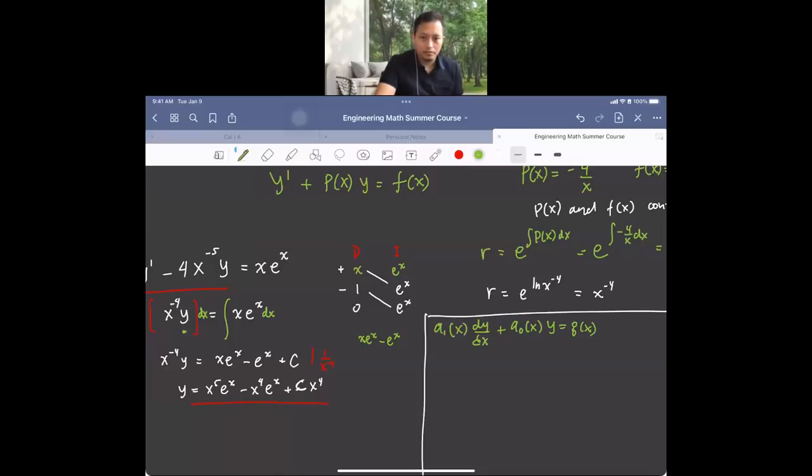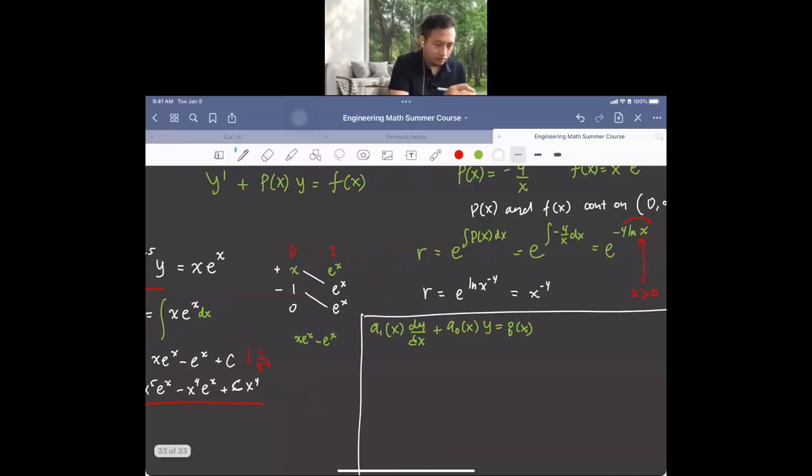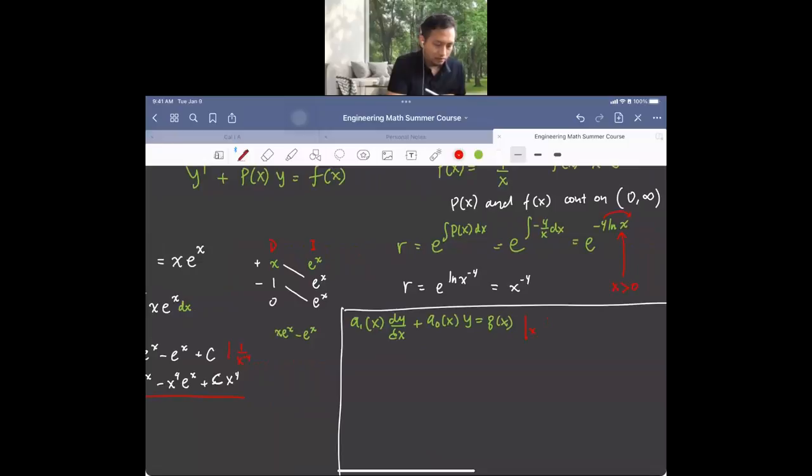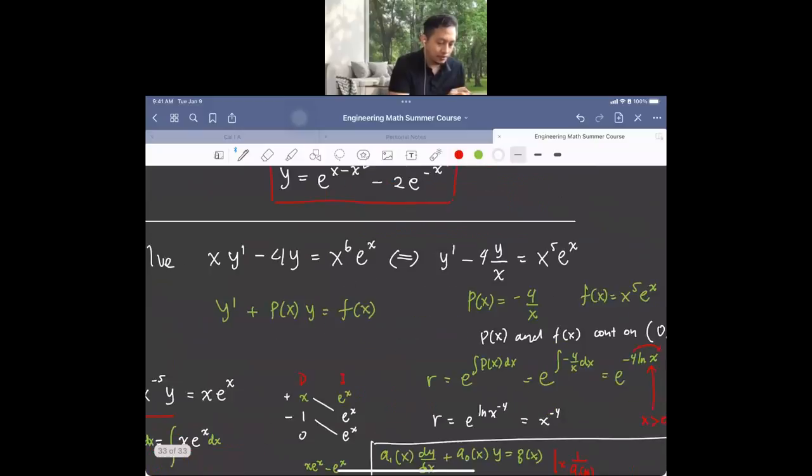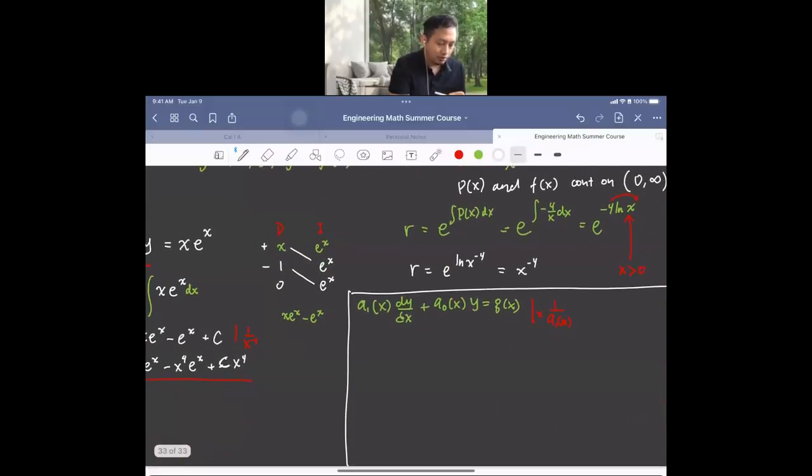We need to divide by a1(x), as we did before, as we did in this particular solution. So this will be our standard form.